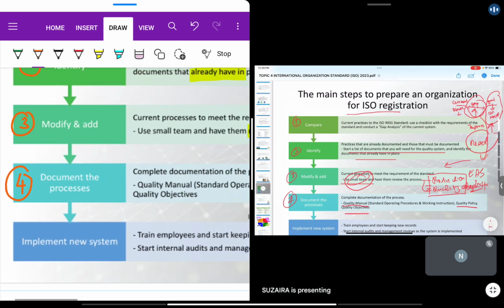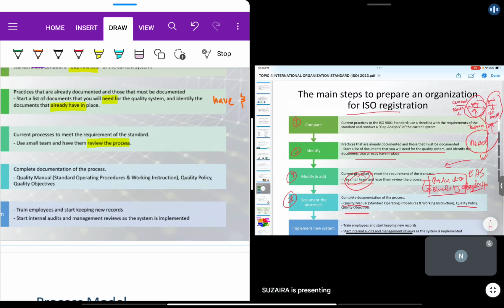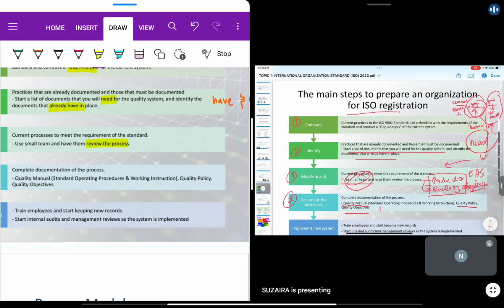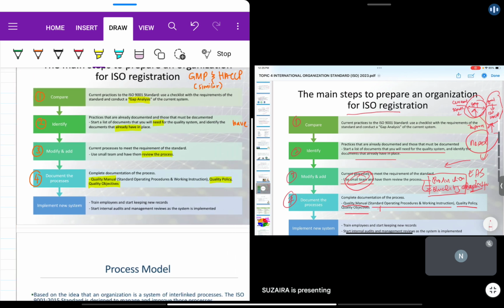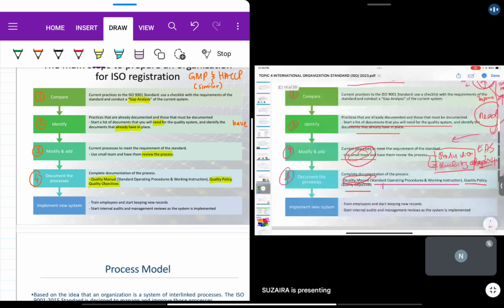This is the standard one. Whenever you talk about documents, they must have this. Standard operating procedures and working instructions are not only one; it depends on what kinds of process you have. Quality manuals sometimes are a very thick document, a folder, or sometimes can be two. That would be for the documentation process.